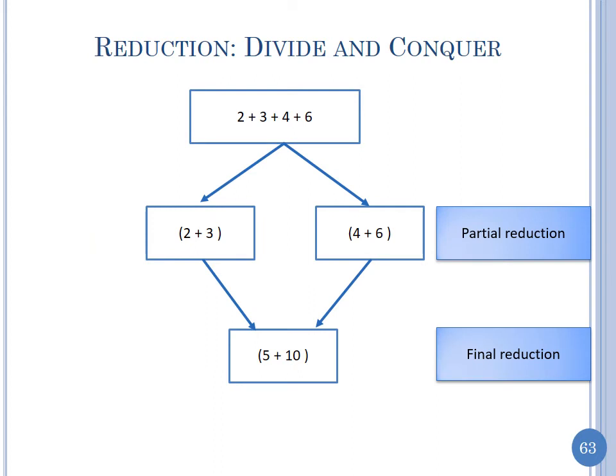So as Jason and Andrew both suggested, what we're essentially doing is divide and conquer. We are going to take this problem that we had earlier, reduce it to two sub-problems. Each of these sub-problems is done in parallel.